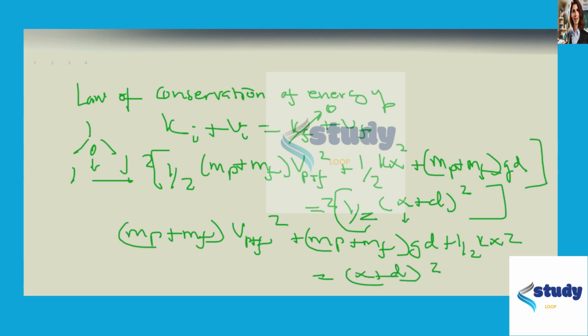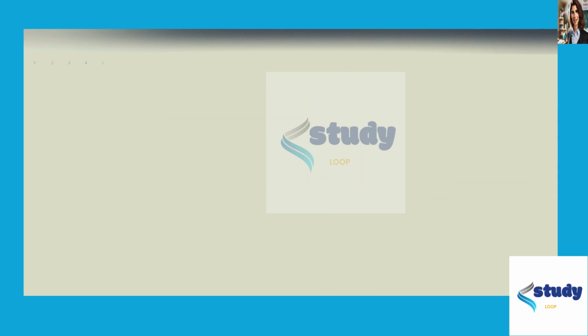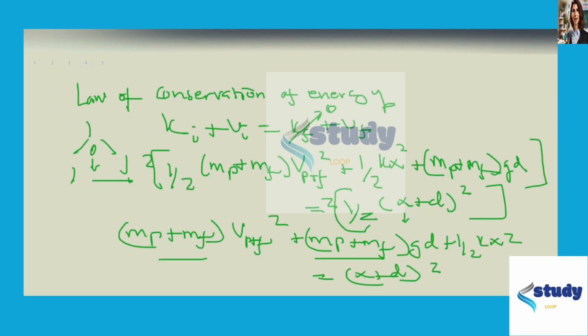So we're on track. These two are common, and so in the next page, we're going to make that common. We'll say mp plus mf times Vp plus f squared plus 2gd. So where did this 2gd come from?